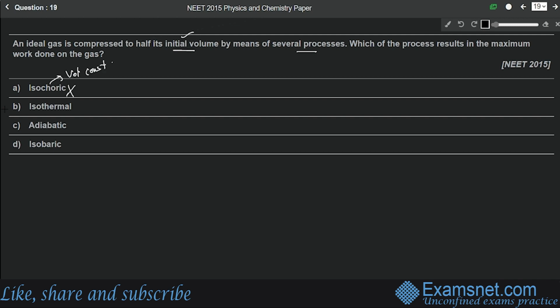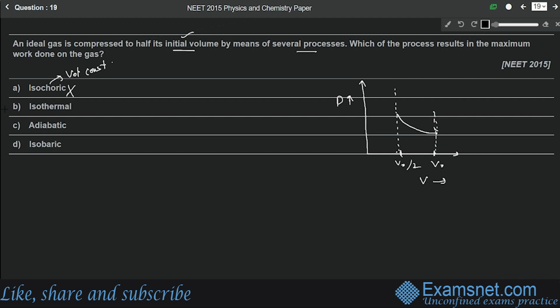For others, let's check. First, we'll draw the PV graph, pressure versus volume graph. If this is your initial volume V0, then the final volume will be V0 by 2. This is V0 initial volume and this is V0 by 2 final volume. Now let's see the graph. For isothermal, it will be like this.